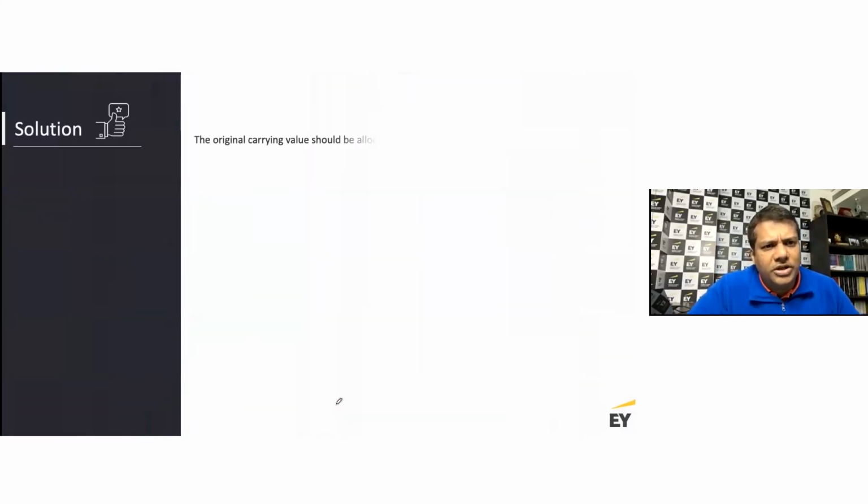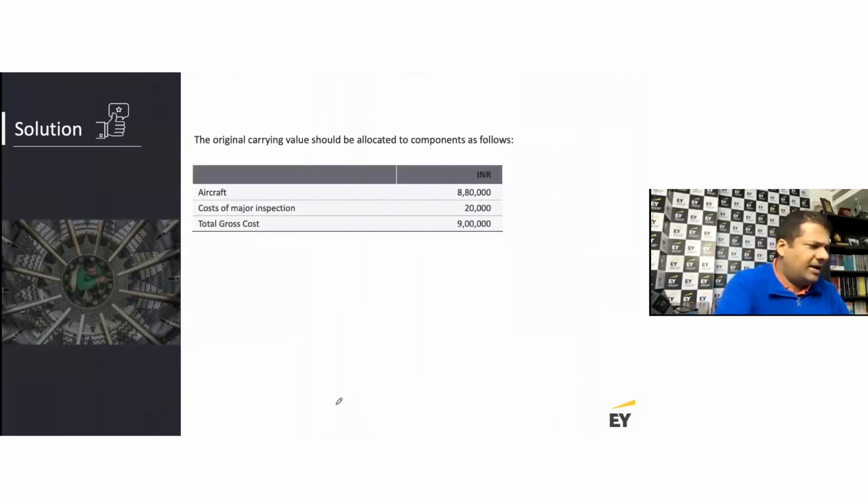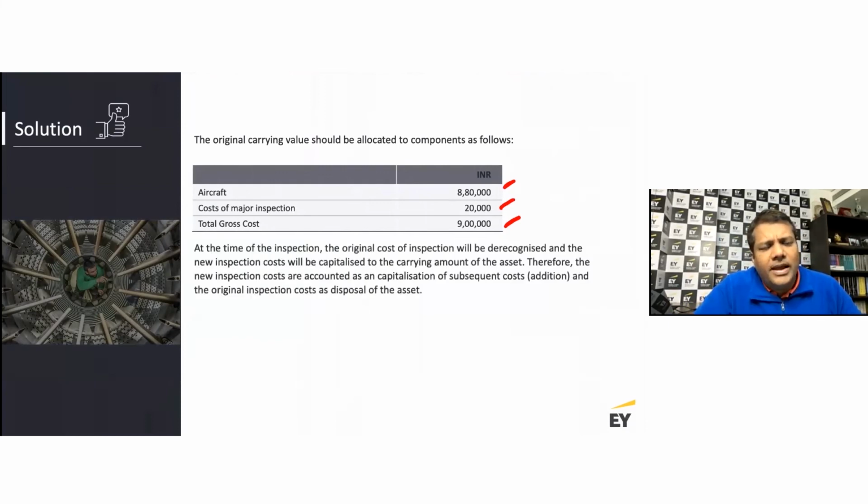From a solutioning perspective, the original carrying value should be allocated to components as follows: aircraft 8,80,000, cost of major inspection 20,000, total gross cost 9 lakh. Now, if I reassess my gross cost after the first major inspection, the original cost of the inspection will be de-recognized.